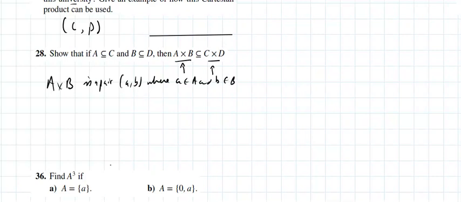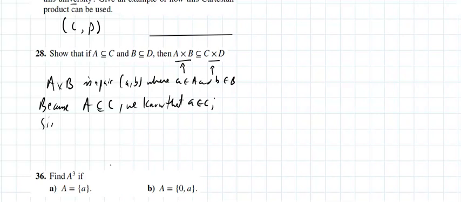Now, because A is a subset of C, we know that a is a member of C as well.